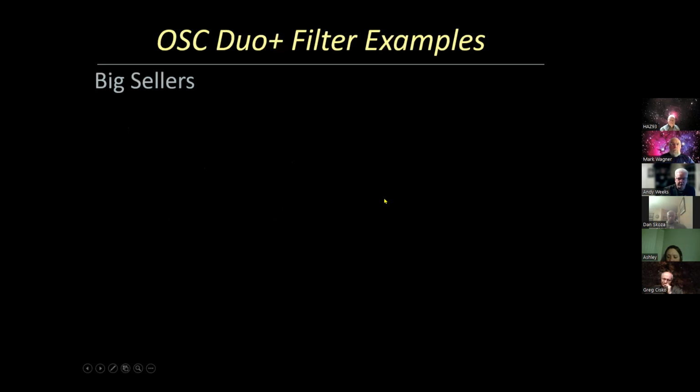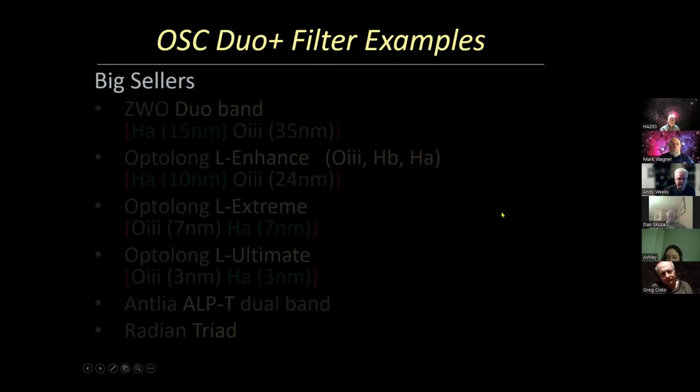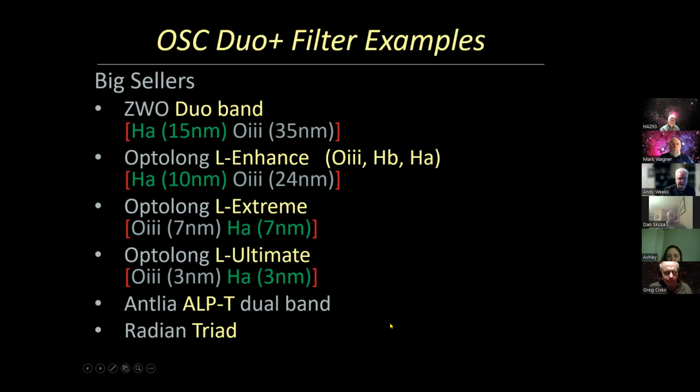So the Duo Plus filter, folks, here's where it kind of gets interesting, right? The cheapest of the lot would be the ZWO dual band filters, and it kind of goes in order here. I don't know how much the Antlia costs, so I can't speak to that.